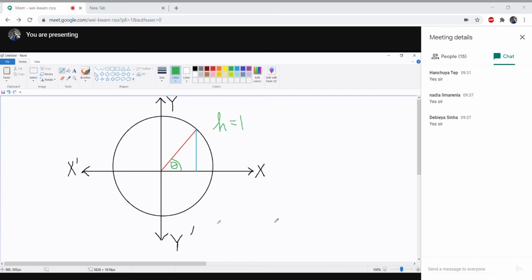Then what is sine equal to? It was h, it was p, and it was b, base, right? Perpendicular, hypotenuse, base.